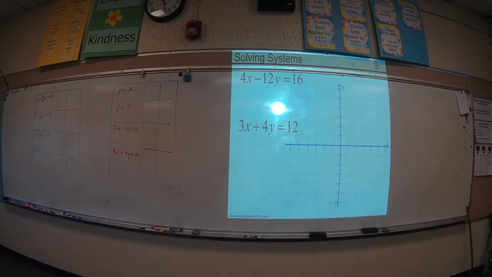I have 4x, looking at her work. y equals 16 divided by negative 12. Right here, you move down.